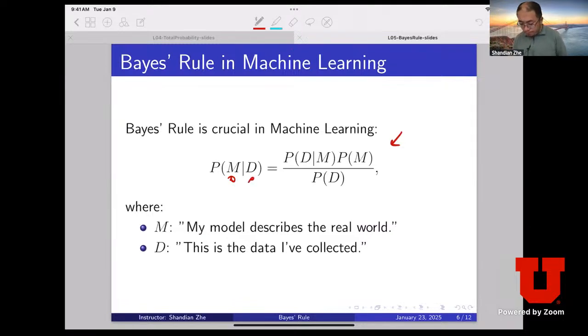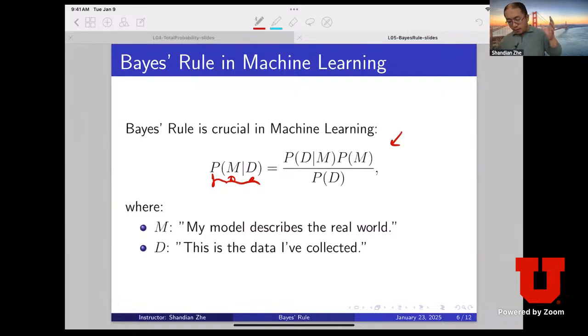And also, to conduct machine learning or artificial intelligence, we have to collect a lot of data. It could be supervised data, labeled data, unlabeled data, whatever data. So what does machine learning do? Machine learning essentially is trying to find or approximate this quantity.